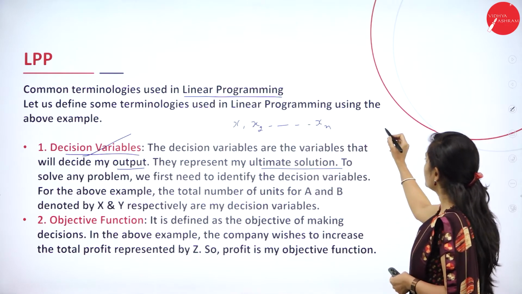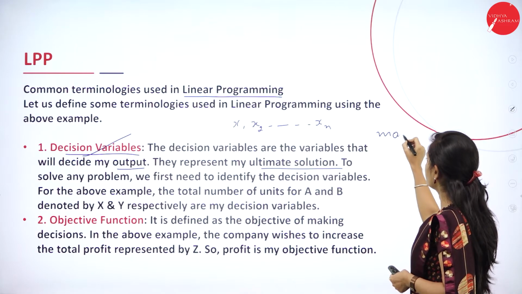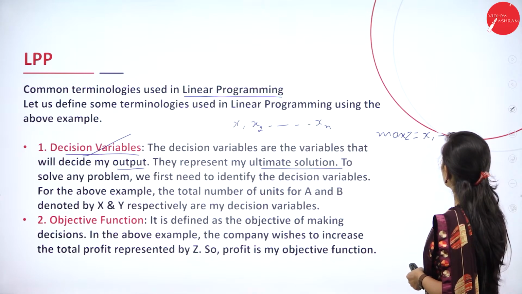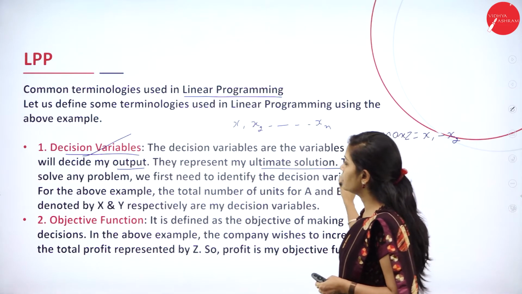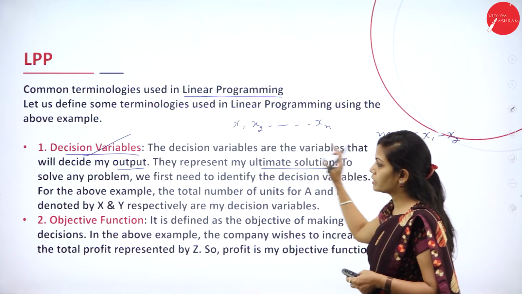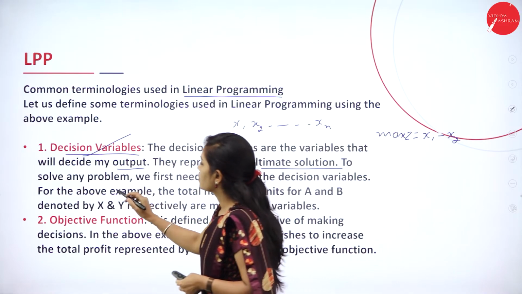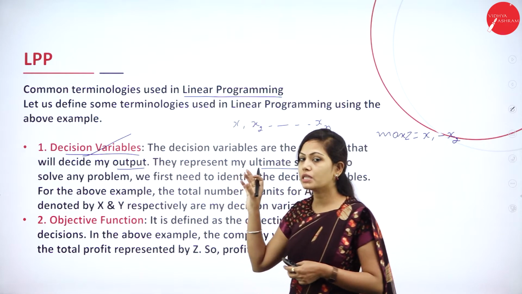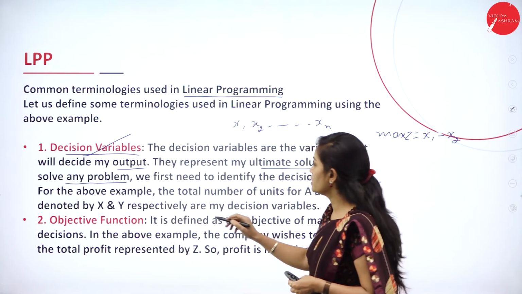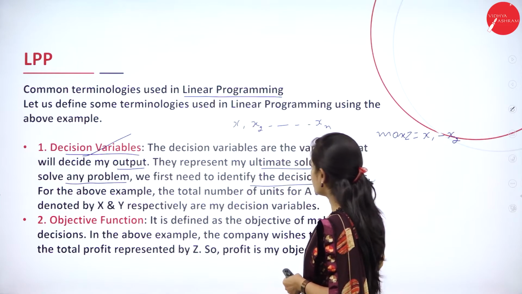For example, if your optimal solution is max z equals x1 minus x2, here I am using two basic variables. So these decision variables help to solve any problem. First we need to identify the decision variables.